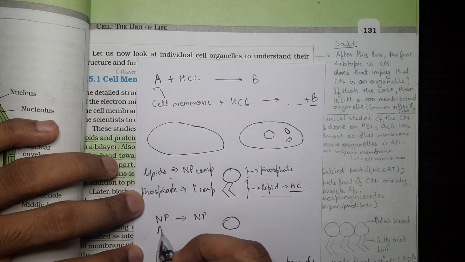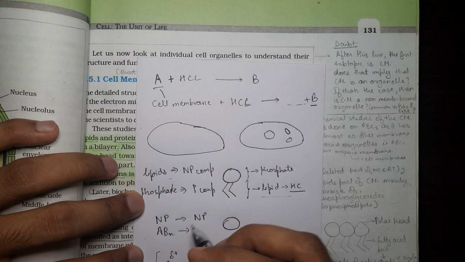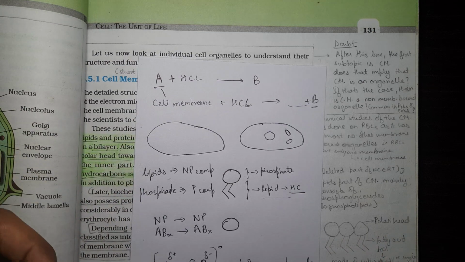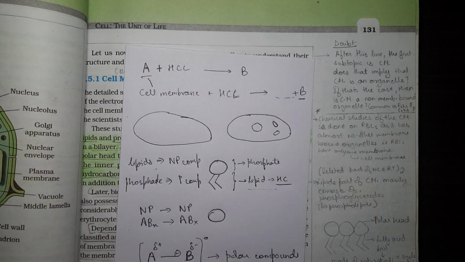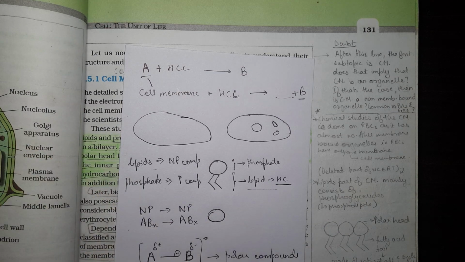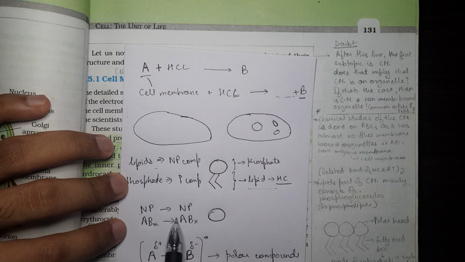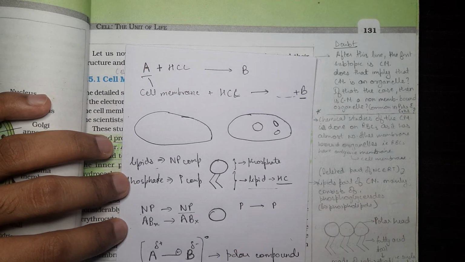If ABX is a non-polar compound, then it will tend to be with another ABX or another non-polar compound only, because they like each other. We are going to go in depth into why they are like that in chemistry, but for now you just need to understand that non-polar compounds tend to be with non-polar compounds, and similarly polar compounds tend to be with polar compounds.